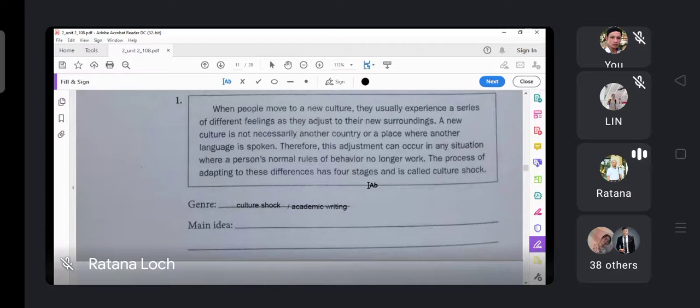So how about the main idea here? I think it is in the second sentence, teacher. Yes, very good. So you can see, therefore, here is some kind of summary, or a reason.